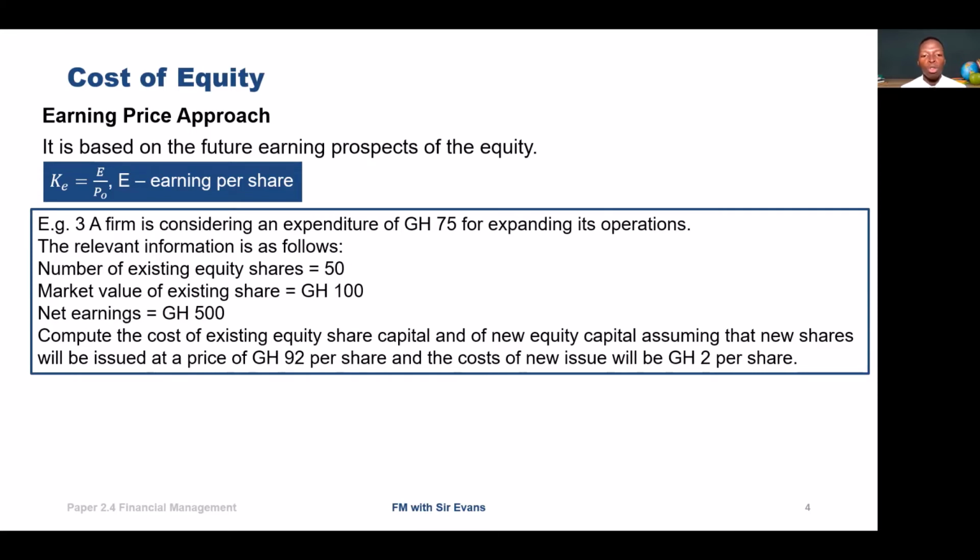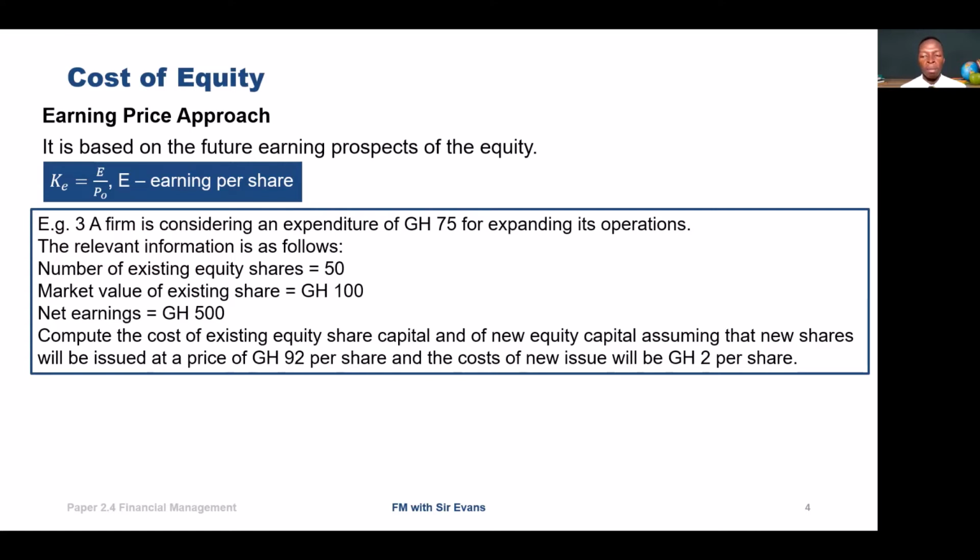So to find the cost of equity for existing shares, we need the earning per share divided by the P0, which is the net proceeds of the existing shares. So the existing shares earnings becomes 500, as number of existing shares is 50. So 500 over 50 becomes our earning per share for the existing shares. Then our proceeds, the market value of existing shares, is 100 cedis.